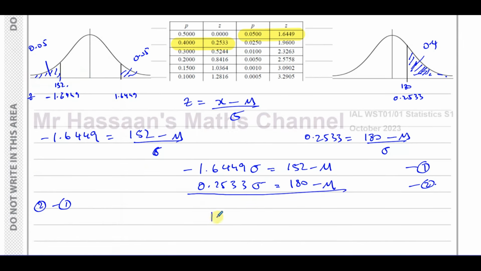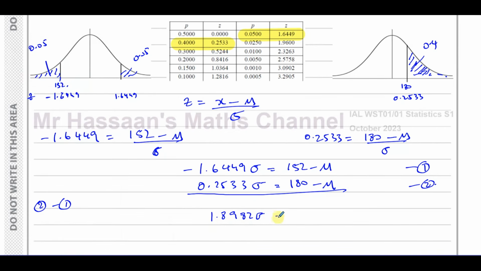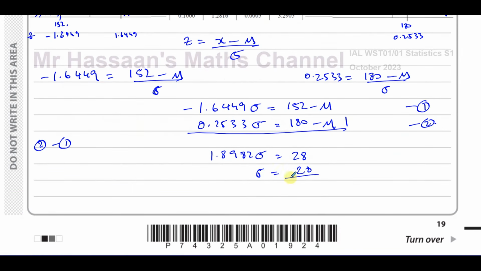So 1.8982 times sigma is equal to, if I subtract this way, that's going to give me 28, and these will be eliminated. Okay, so just put that bit in there. I didn't write the sigma very well there, did I? So therefore, I can say that sigma is equal to 28 divided by 1.8982.